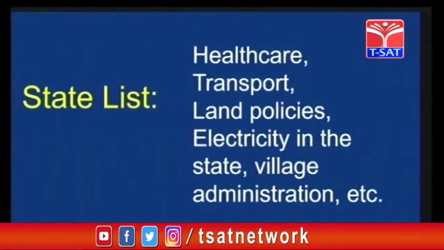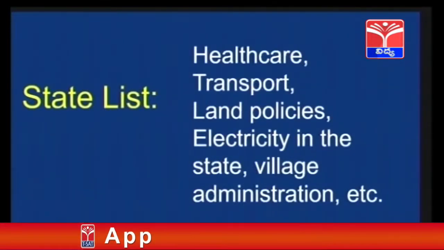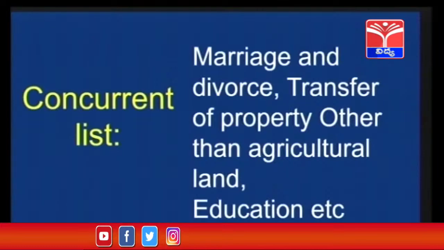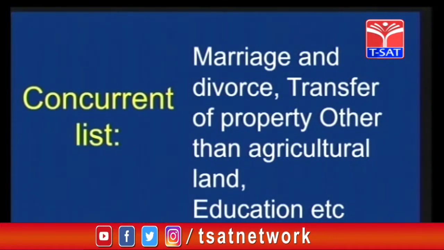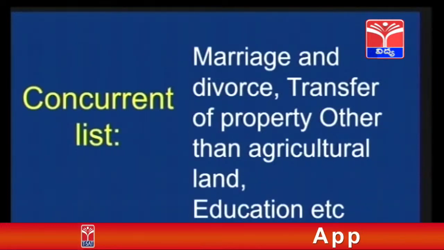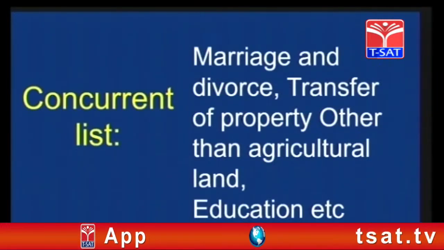State list: healthcare, transport, land policies, electricity in the state, village administration, these are all given to the state government. And in the common one, we have the concurrent list: marriage and divorce, transfer of property other than agricultural land, education.